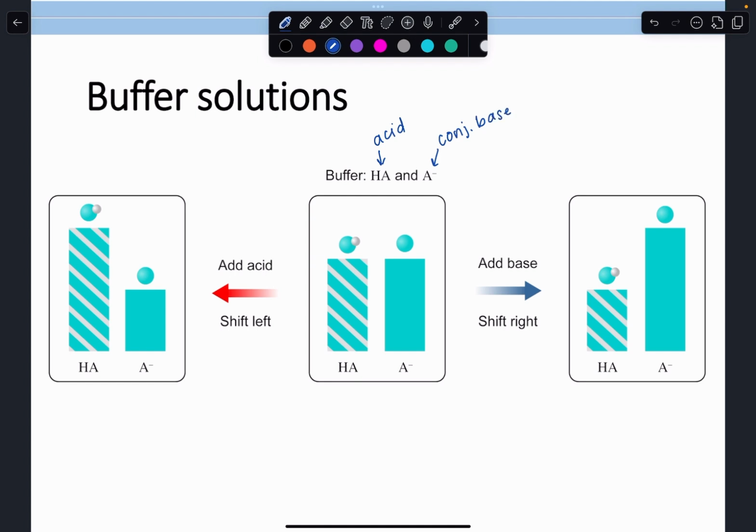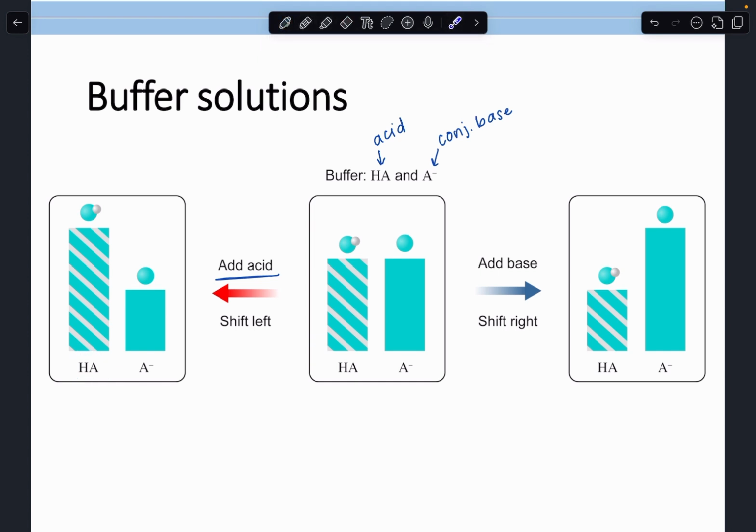And it has generally even amounts of both at equilibrium, or when it has become a buffer solution. In this example, it has equal amounts. If you add acid, that will shift the equilibrium to the left and you end up with more HA because the acid would donate a proton to A minus that's present in solution, and that would form more HA.